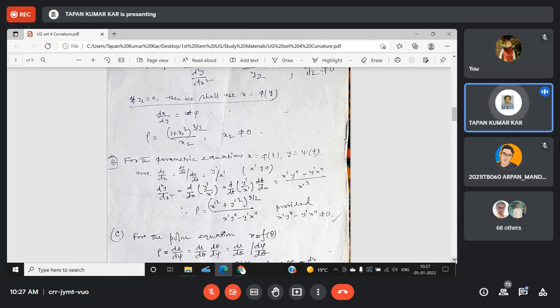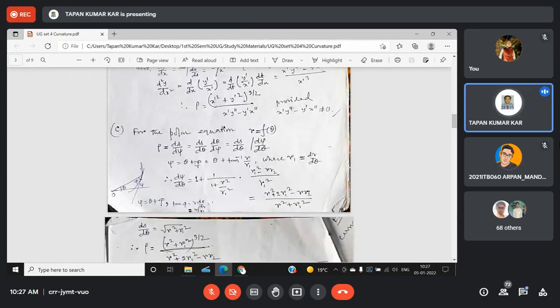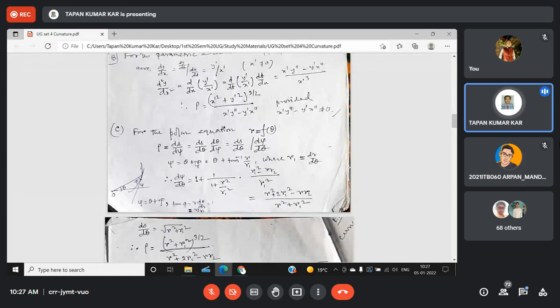And another thing, this is the polar form. Here also you have to remember some formulas to derive the formula for the radius of curvature of the curve r equal to f(theta) in polar form.